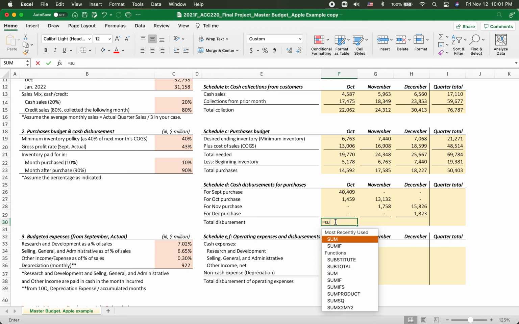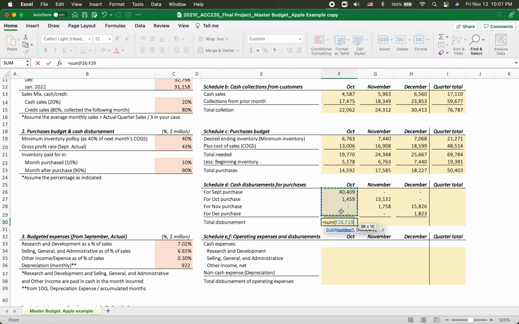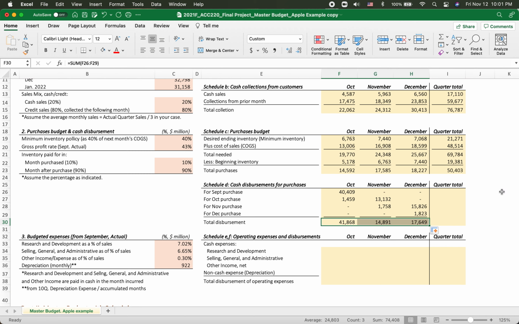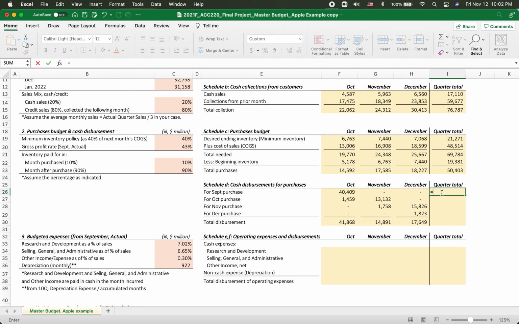So let's just sum those up, then drag to the right. Then the total amount is just the sum up again. Then we got that information.